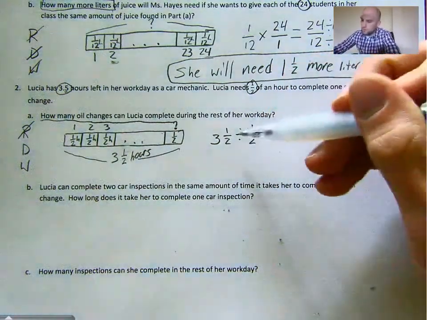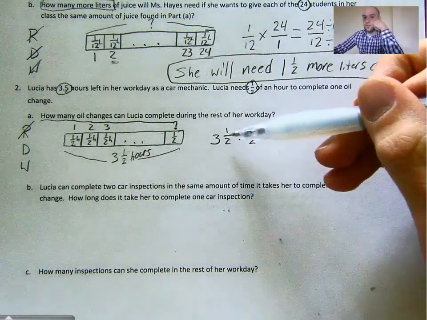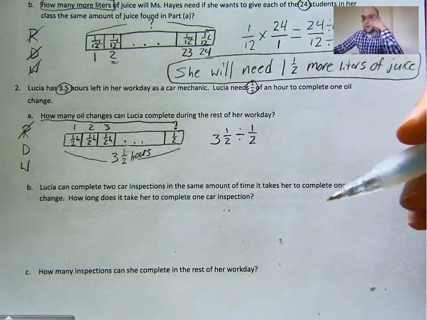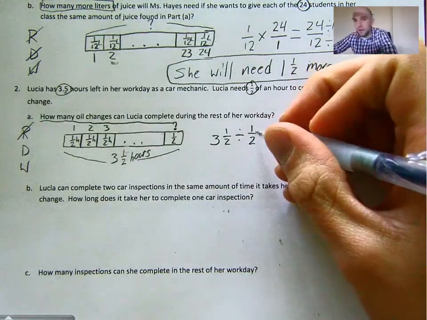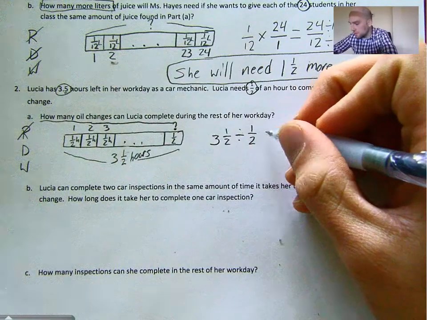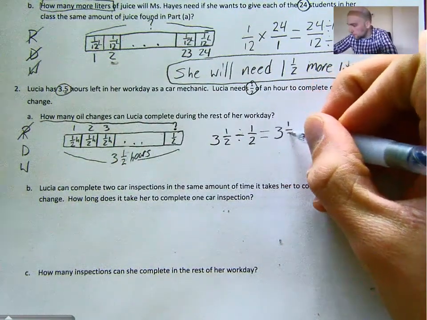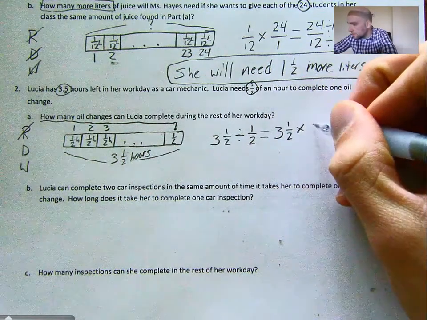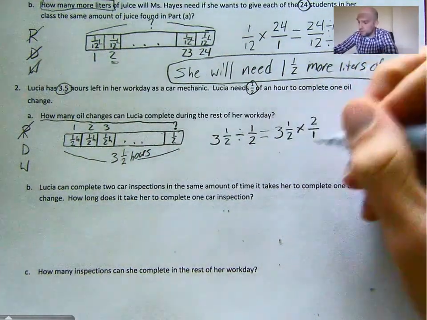And normally, if I was going to divide by a fraction, I would turn this into an improper fraction first from a mixed number. But in this case, I know that dividing by a half is the same as saying 3.5 times, I can flip my fraction, 2 over 1 or 2.